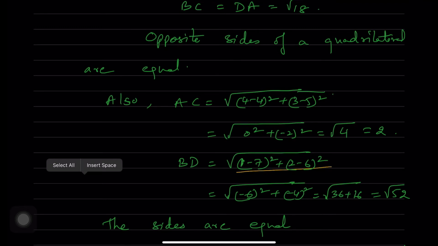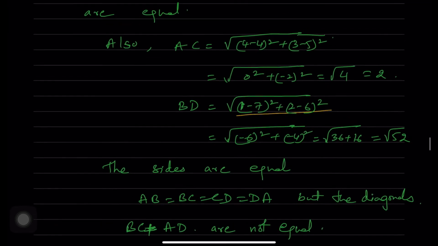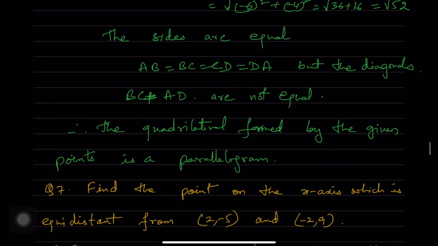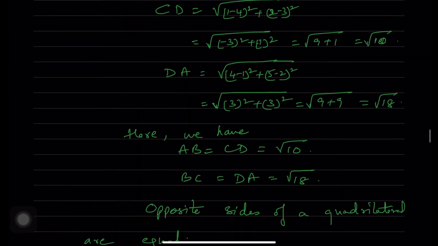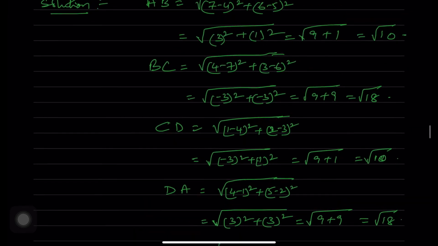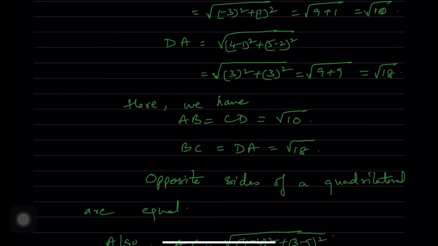So all the sides are not equal here, and the diagonals are not equal. Opposite sides of a quadrilateral are equal.